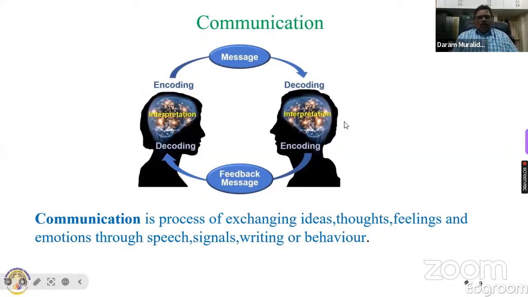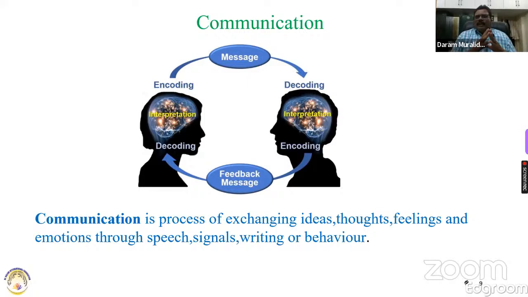It is a group of people, and it involves both sender and receiver. The sender sends a message and the receiver decodes it, and again encodes and sends a message back. So it is a cycle: exchanging ideas, thoughts, feelings, and emotions through speech, signals, writing, and behavior.